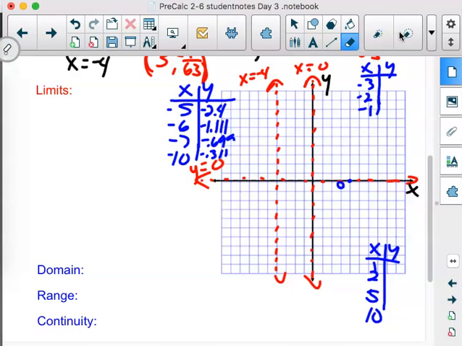Too many decimals. Got a spare. All right, so -5, -2.4. -6, -1.1. -7, about -0.7. And -10. Okay, well, that's kind of normal.